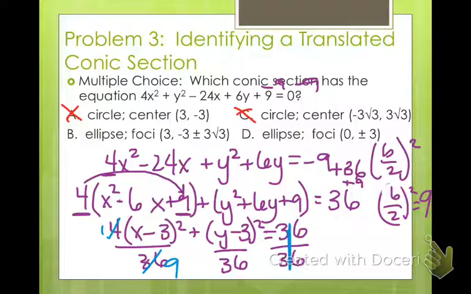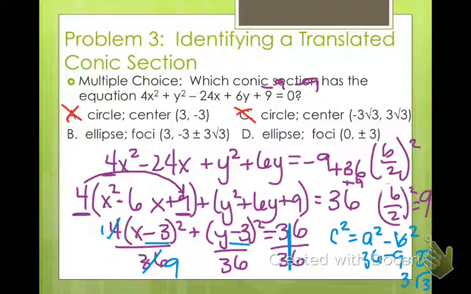Now it wants us to find the center. Our center is at (3, -3). And then we need to find the foci. So to find the foci, you use c squared equals a squared minus b squared. So 36 minus 9 is 27. Which you can reduce to 3 square root of 3.